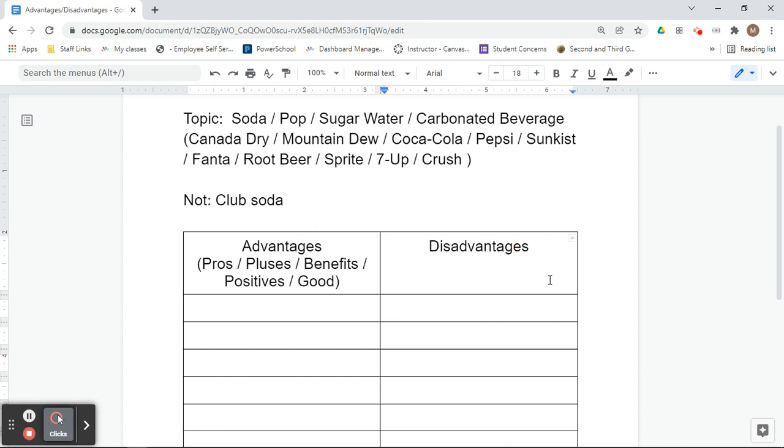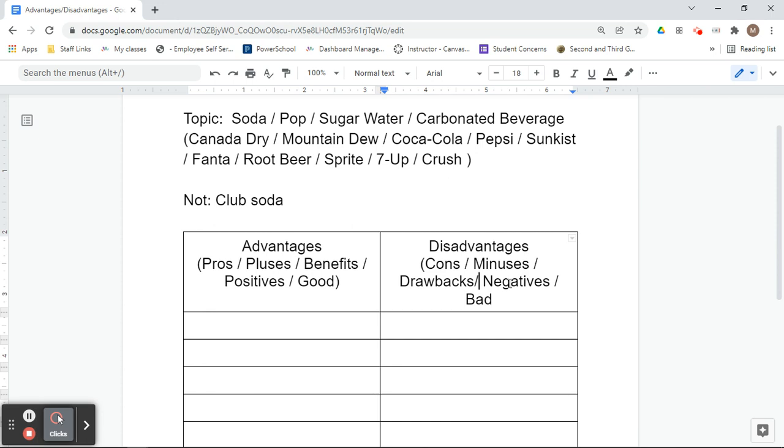When we think about disadvantages, we can talk about cons, the minuses of something, the negatives, and what's bad about something. Another way to say it is the drawbacks. So: pros, cons, pluses, benefits. I'm going to put drawbacks, and then negatives and bad.